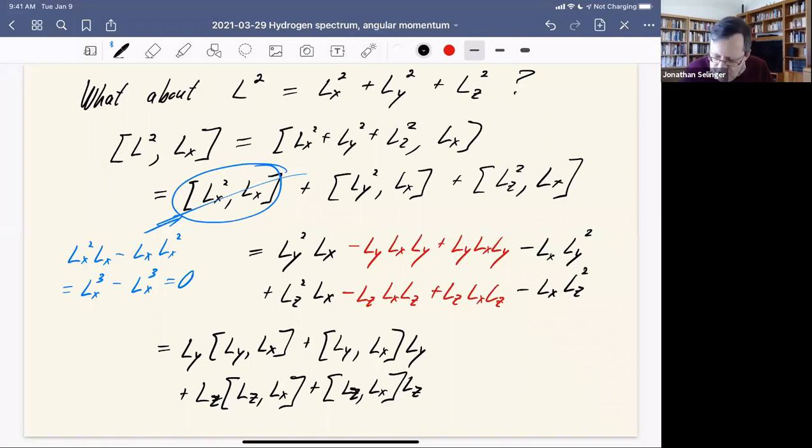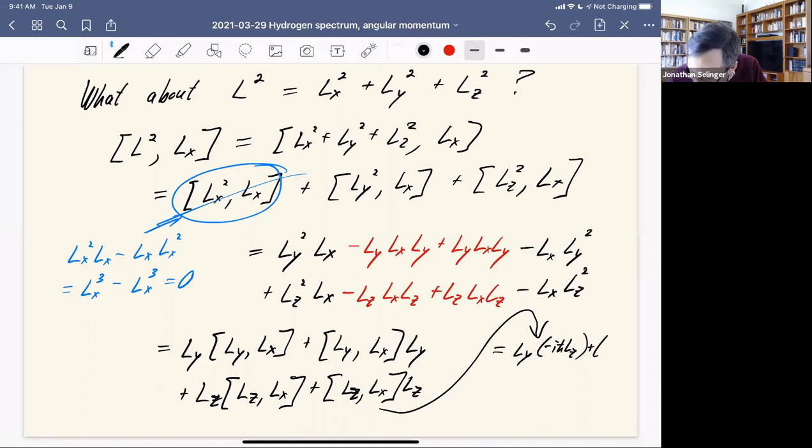This is equal to Ly times the commutator of Ly with Lx, that is negative i h bar Lz, plus negative i h bar Lz times Ly.